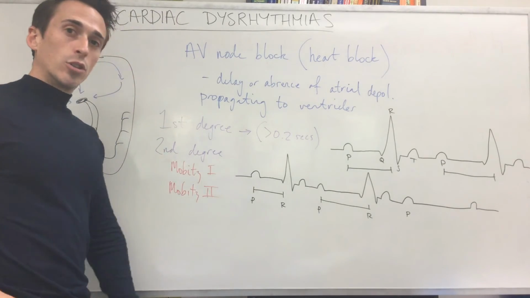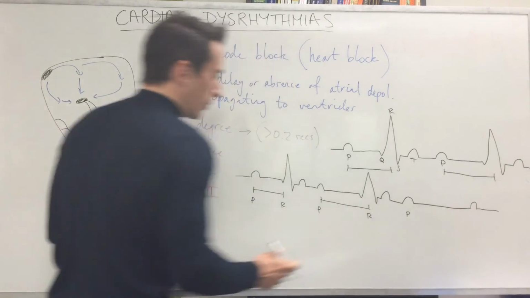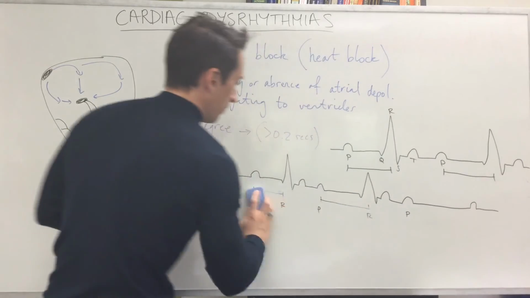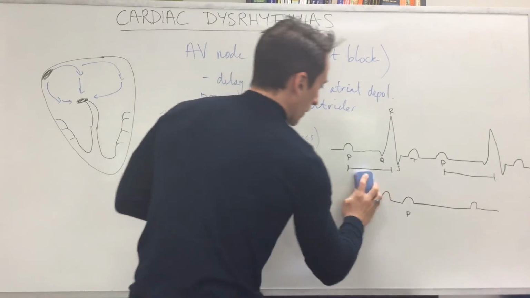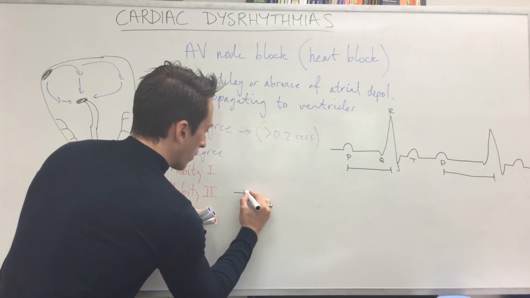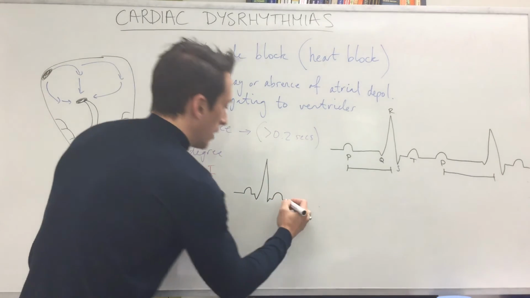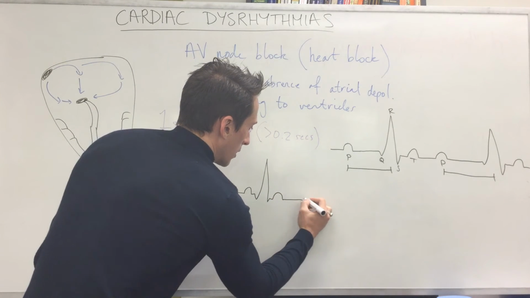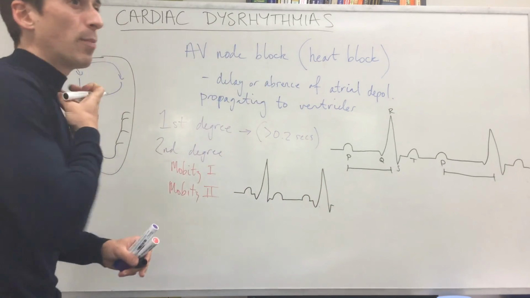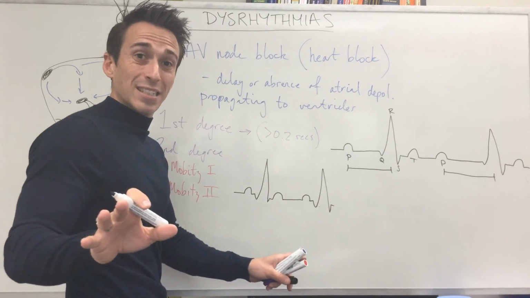What happens for Mobitz 2? Well, there's none of this sequential lengthening between P to R for Mobitz 2. For Mobitz 2, you have P, QRS, T, then you have P, QRS, T, and what ends up happening here is that at some point the QRS complex just disappears.